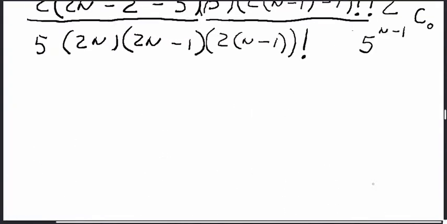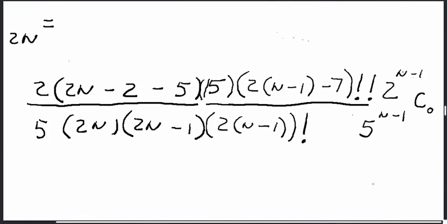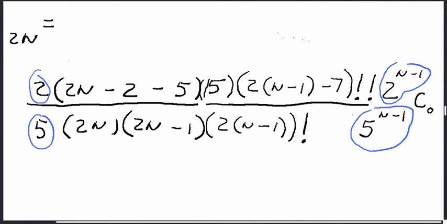Notice up here, let's see how do we get this? Where does the 2 to the n come from? Well, if you take a look at 2 to the n minus 1 times 2, that's 2 to the n. Similarly, 5 times 5 to the n minus 1, that's 5 to the n. Now take a look at this term here and this term here. This term right here is 2n minus 7.